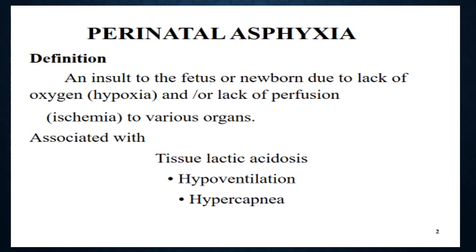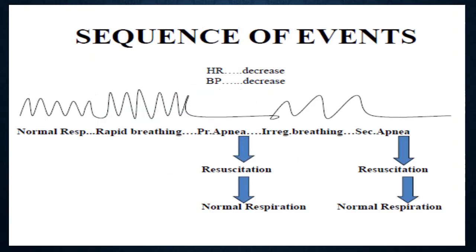and or lack of perfusion, which means ischemia, to various organs associated with tissue lactic acidosis, with hypoventilation and hypercarbia. There are a sequence of events in the course of fetal asphyxia running from primary apnea to secondary apnea.